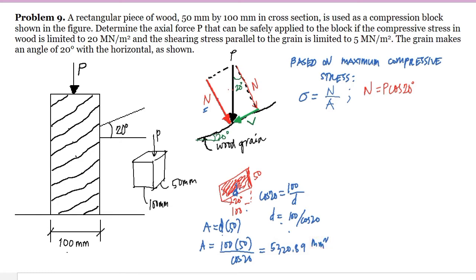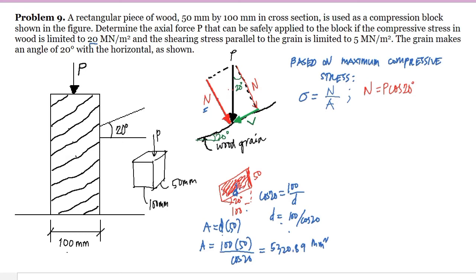So we have here the normal stress is equal to N, which is P cosine 20, but from here we have the compressive stress is limited to 20 meganewton per square meter, or that is 20 megapascal.